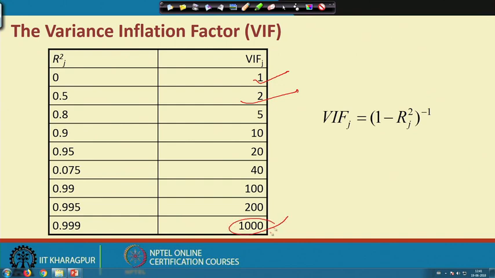This is a kind of perfect and severe multicollinearity problem. If you are close to R squared 0, then there will be less multicollinearity problem. So this is how you have to check.